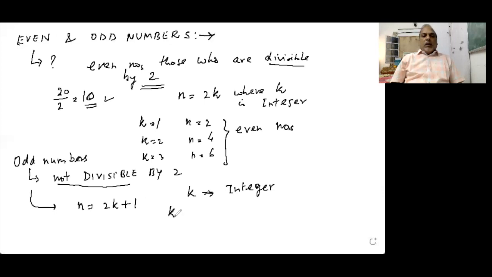Like when k is equal to 1, then n is nothing but 3. k is equal to 2, n is equal to 5, and so on. So this is how we can define our even and odd numbers.